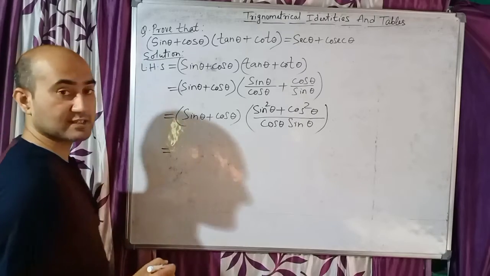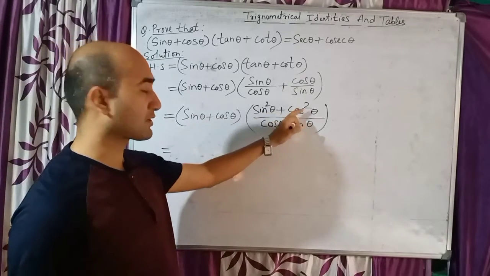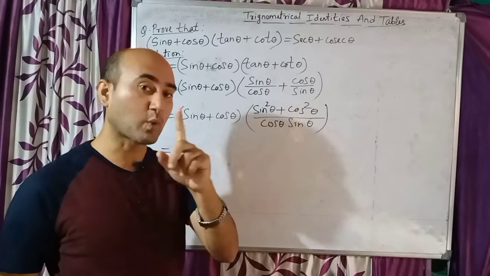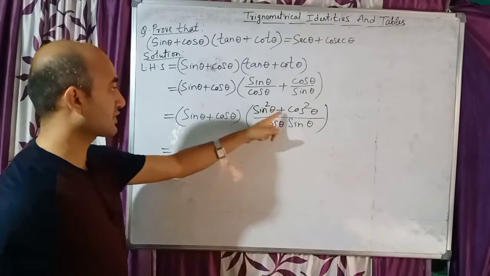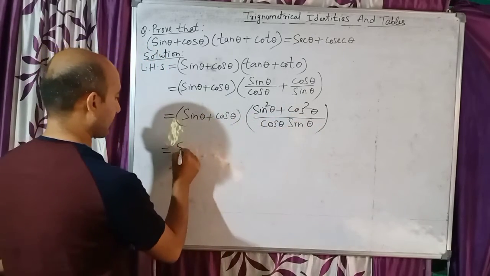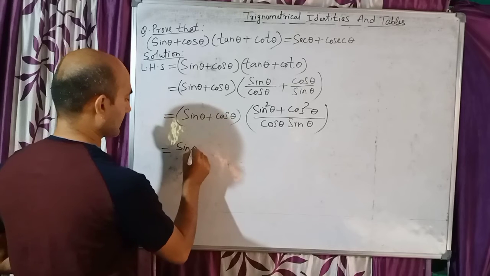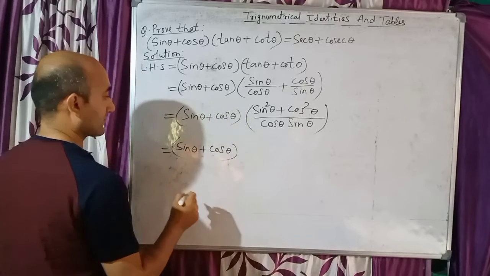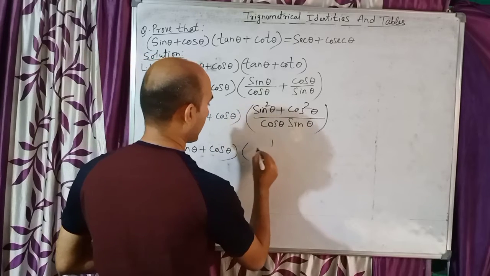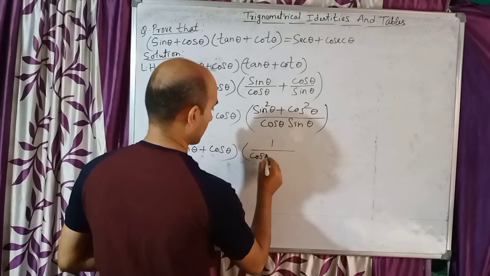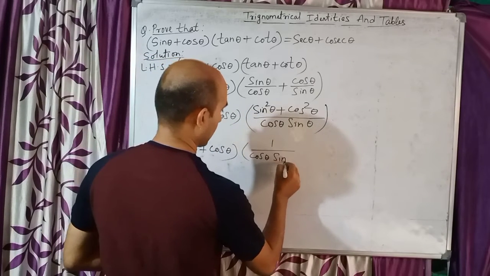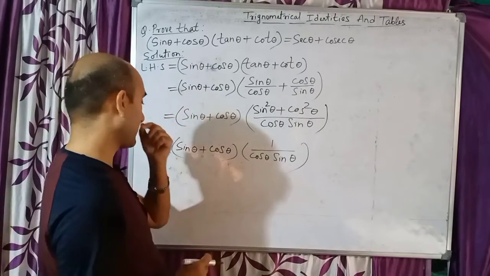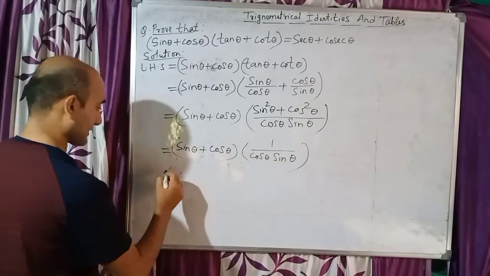So children, very easy now: sin square theta plus cos square theta, formula number 1, is equal to 1. You just check it, it is equal to 1. So I will write that. Same thing here, sin theta plus cos theta multiplying with 1 by cos theta sin theta. I can also write sin theta cos theta or cos theta sin theta, the meaning is same.